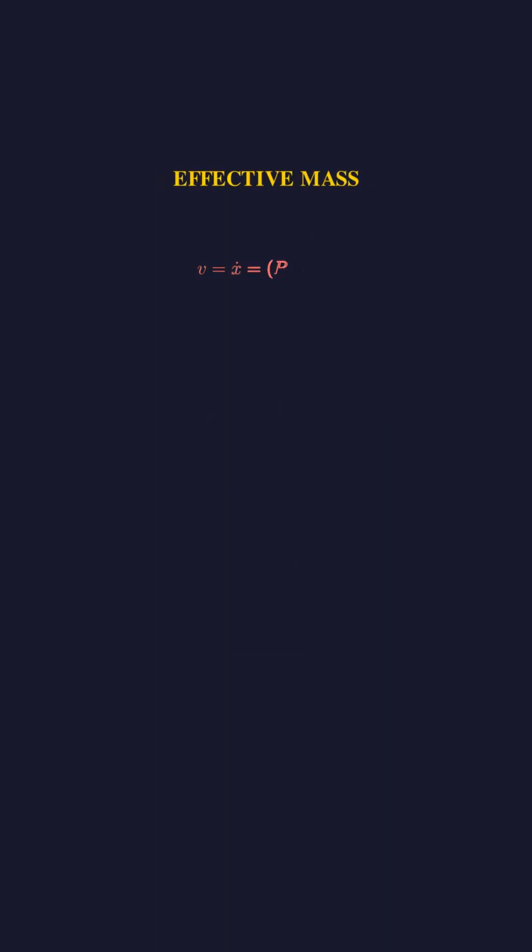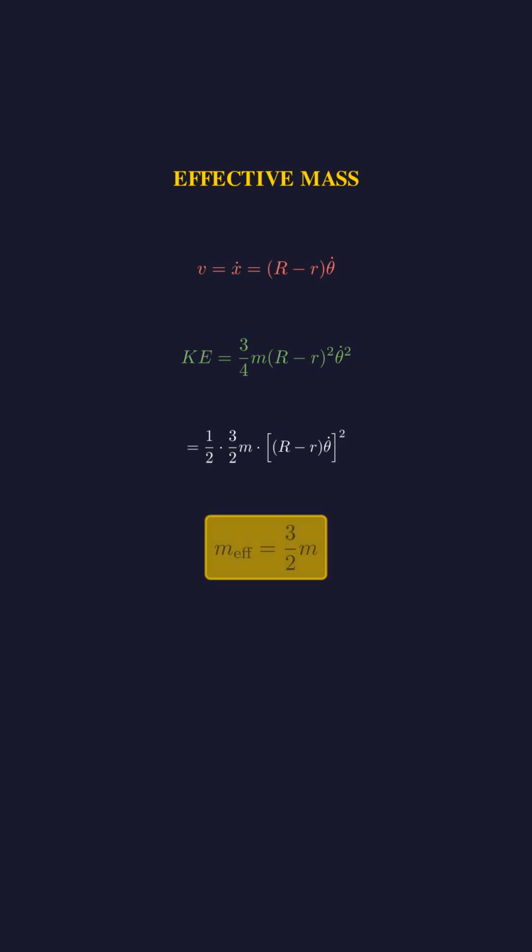Now substitute v equals x dot equals (R minus r) times theta dot. Total KE becomes 3/4 m times (R minus r) squared times theta dot squared. The effective mass for this system is 3/2 m. This is because rolling adds 50% more inertia compared to pure sliding.